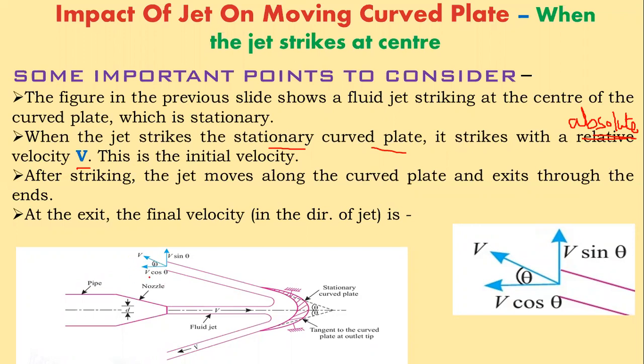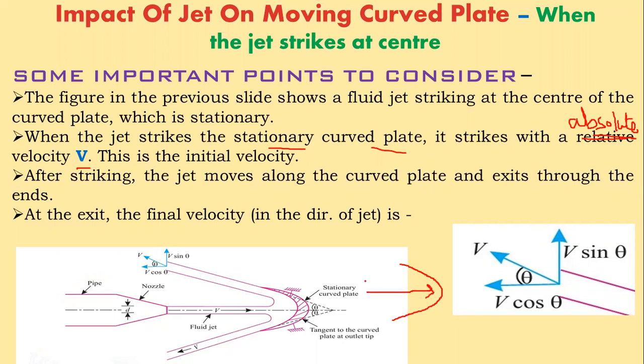Now, by looking at the diagram, can you tell me what will be the final velocity in the direction of the jet? V cos. Okay, so let me just show you. The answer you gave is almost correct, not totally correct.